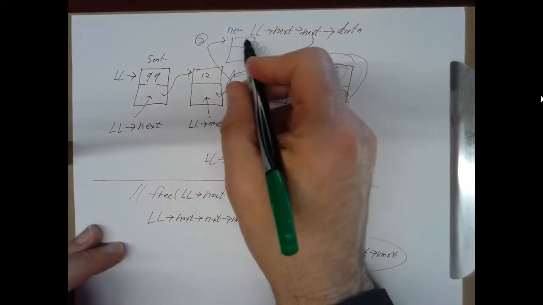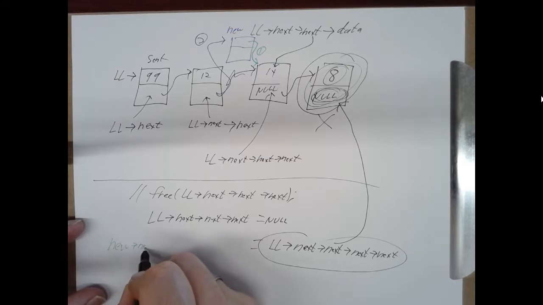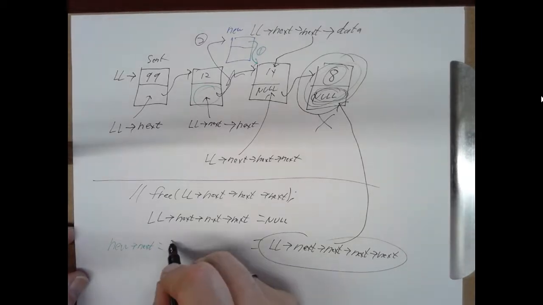So how do we change new to point where the 12 is pointing? New next equals whatever this block is, which is just LL next next.